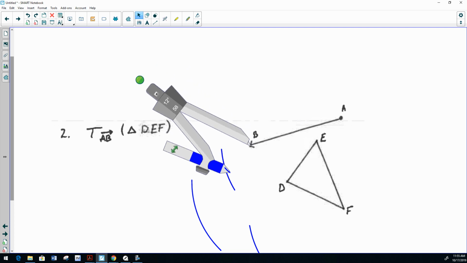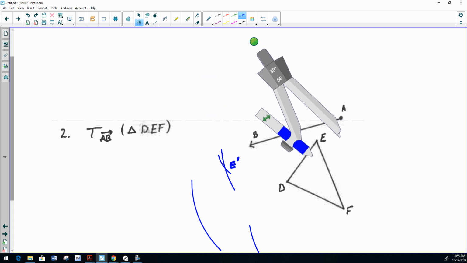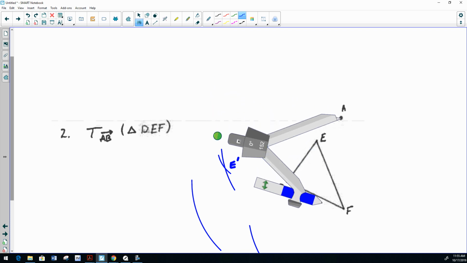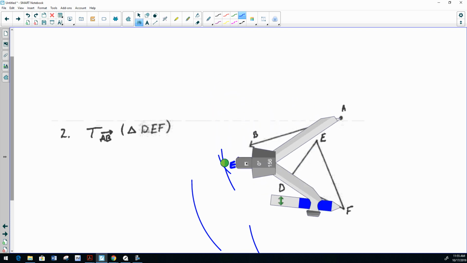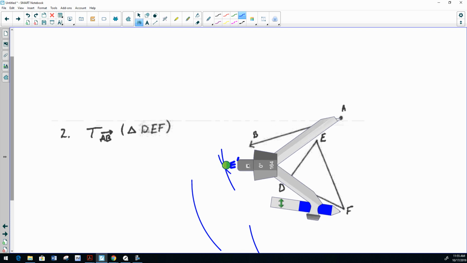Repeat the process, put at A, measure to F. Slide it over. That's the location of F prime.